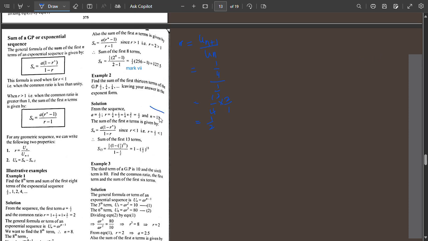That means that to find the sum of this GP, we're going to use this formula. And A from here is 1 over 2.